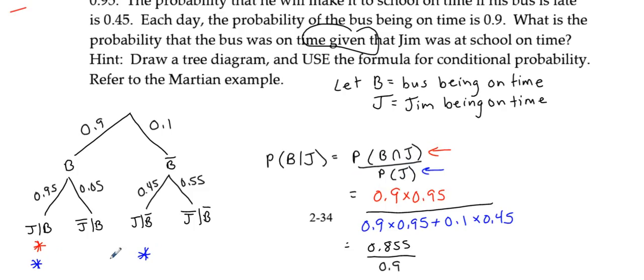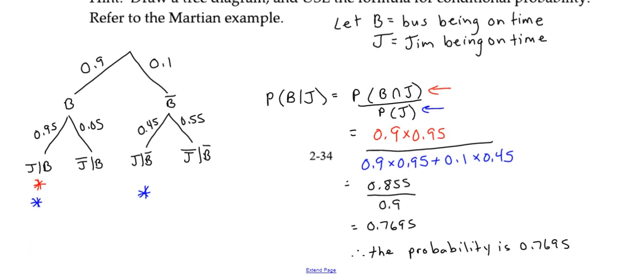So there's two branches where Jim is on time. So it could be bus on time and Jim on time, or bus late and Jim on time. So that's what the numerator and denominator works out to, and I didn't round it to 3 decimal places because it terminated at 4, so that's 0.7695.